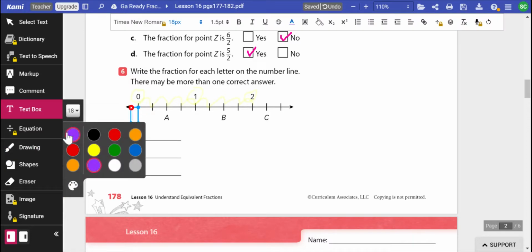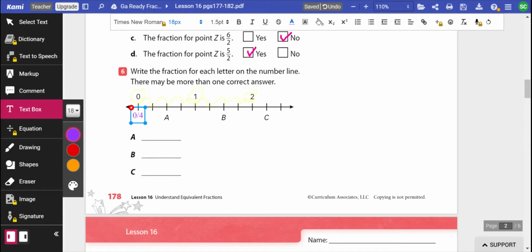So right here we'd have 0 fourths. Our next tick mark is going to be 1/4. Right here, where A is, that's going to be 2/4.